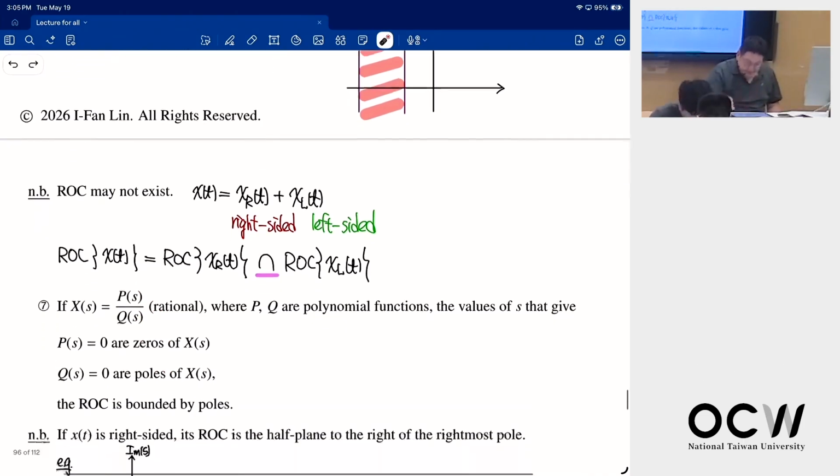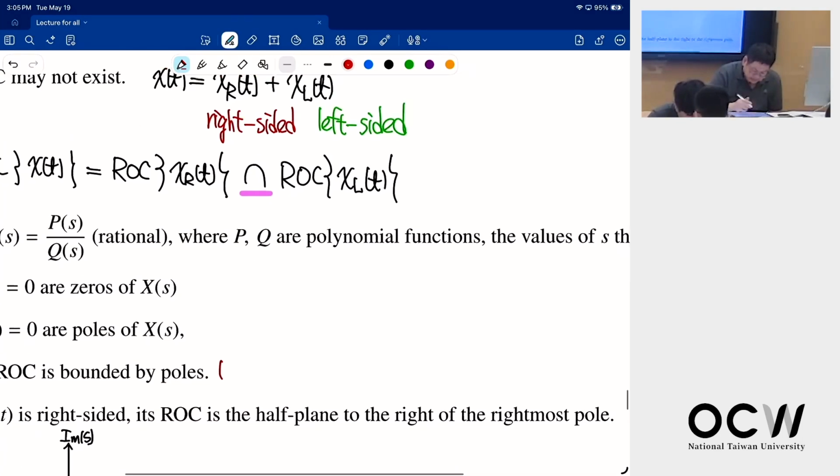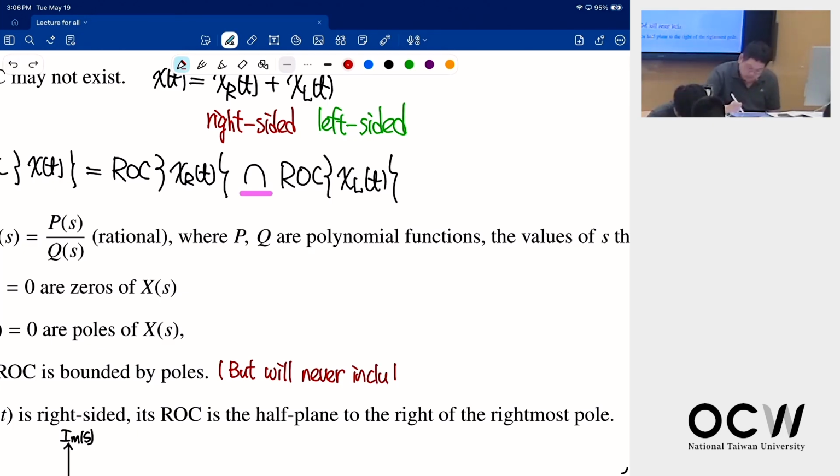Then the region of convergence is bounded by poles, because the region of convergence cannot include poles. So we will never include the poles.